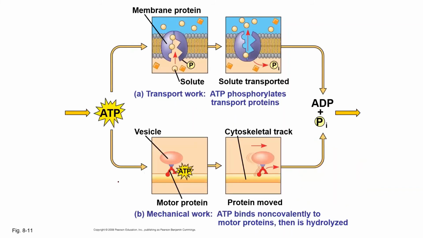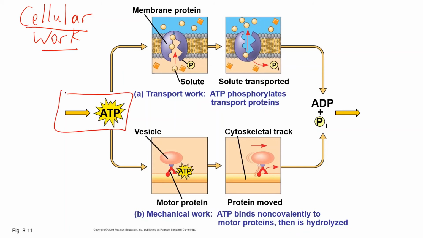So what is ATP used for? ATP is used for something that I called cellular work. So what is cellular work? Well, some of it is probably really obvious: moving things around. You can see there are 2 examples there. We're using a little bit of ATP here, and on the top it's being used to pump some ions across a membrane.